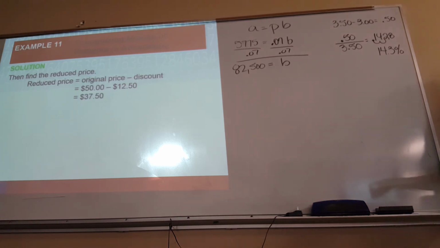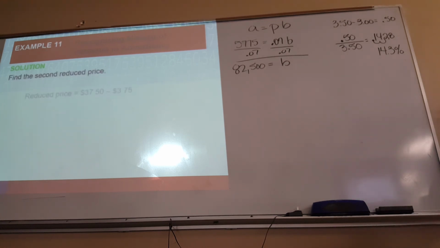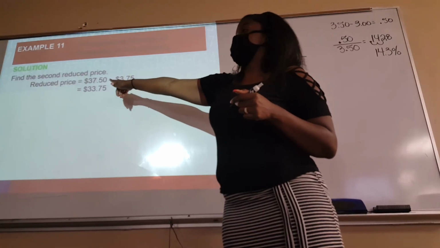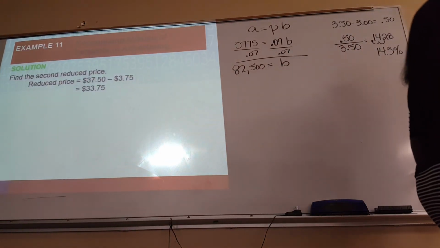Now they want to take the additional 10% off, which is 0.10 times the $37.50, which only takes out $3.75. So if we subtract the $3.75 from that, we only basically pay $33.75.